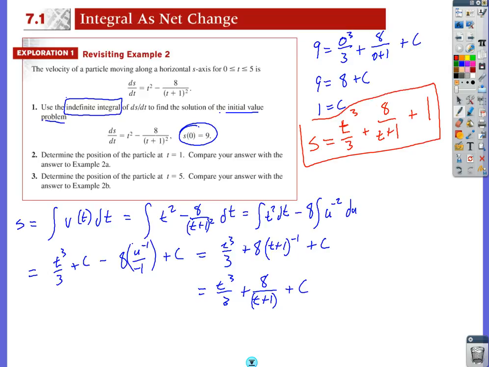And there is my position function. If you want to find out again, does it equal what I found for the previous one? Go ahead, take the time, plug it in. You should get the same exact answer. All right? So let's move on.